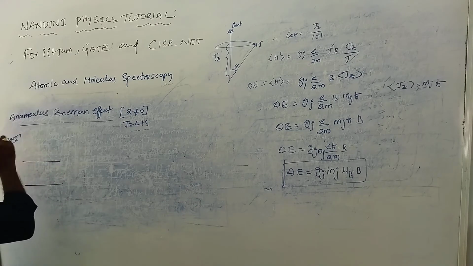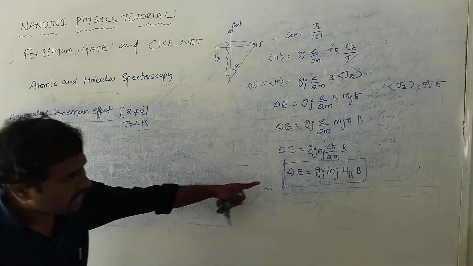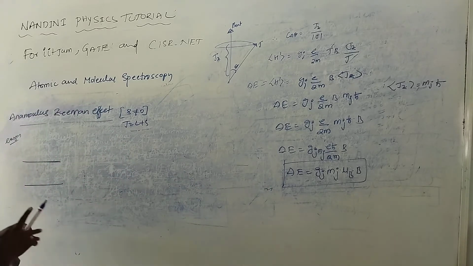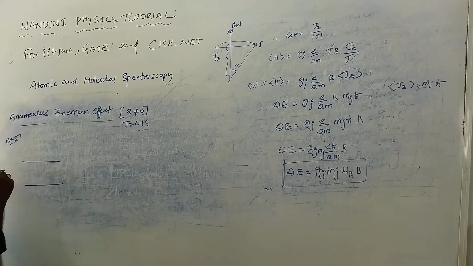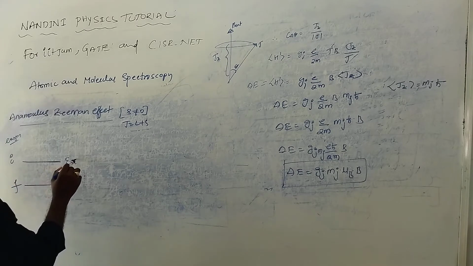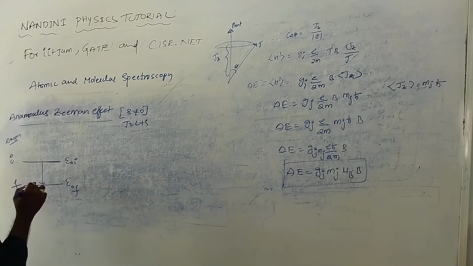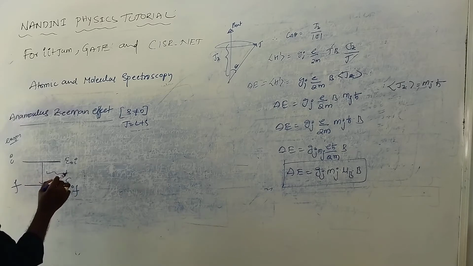I want to find out the energy shift. I already derived the energy shift. Right now, using a diagram, I will prove this theory. So this is energy, this is the initial state and this is the final state. The energy of the initial state is E naught i, and of the final state E naught f.